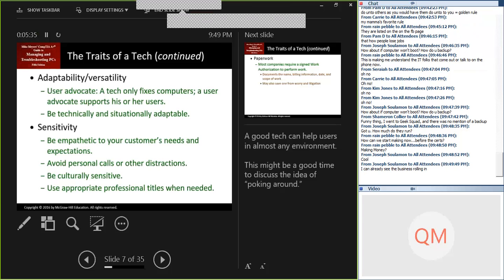Because a lot of times people just go in. Have you ever done a remote session with somebody and they just took over the mouse, click, click, okay, it's fixed? Right? I don't even know what happened. And they feel like you're not really helping them. It's not just about fixing the problem. We need them to understand exactly what happened so that they don't run into this problem again.